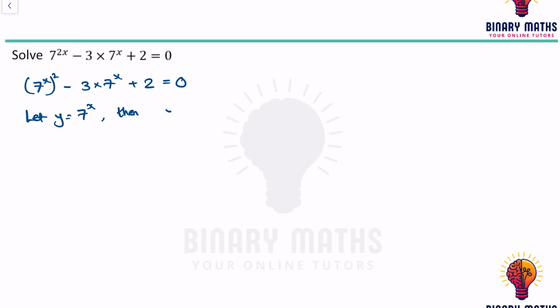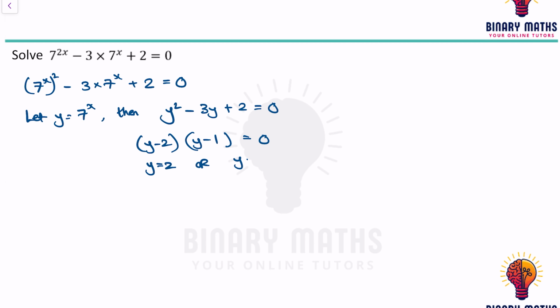Then you have y squared minus 3y plus 2 is equal to 0. This is an easy factorizing problem, which means y minus 2 and y minus 1 is equal to 0, which means y is equal to 2 or y is equal to 1, which means 7 to the power of x is equal to 2 or 7 to the power of x is equal to 1.